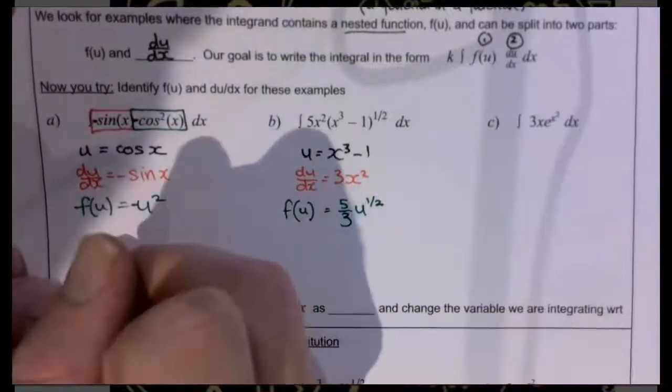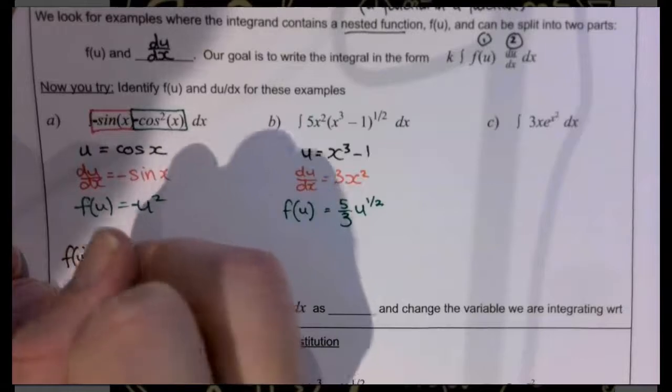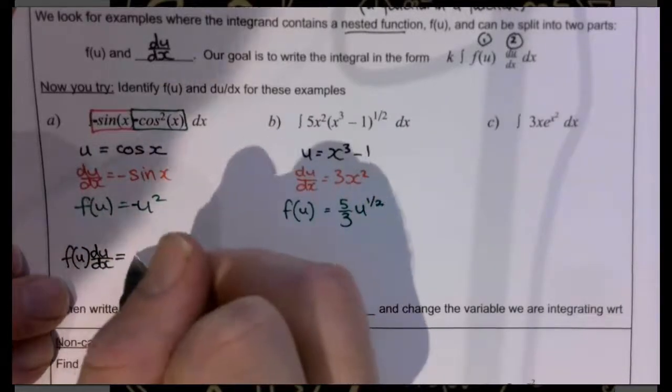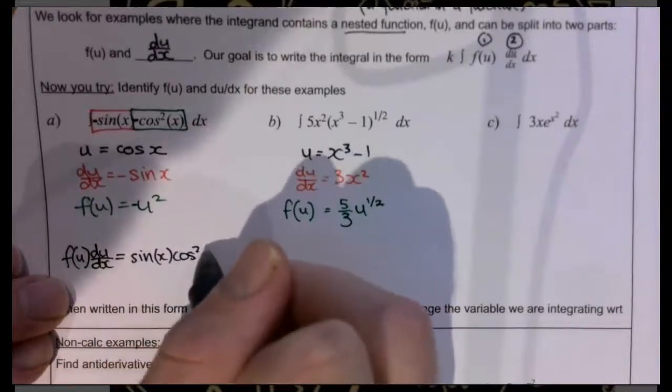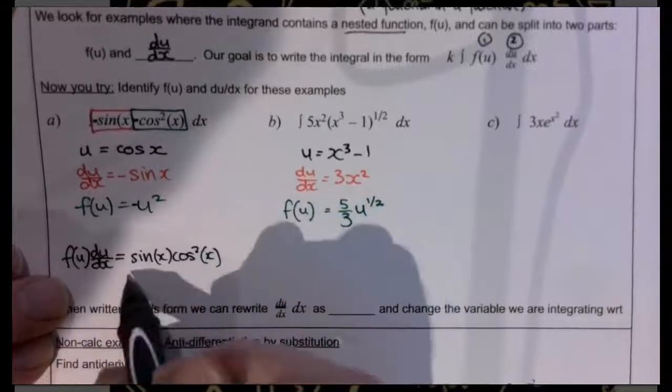So for both of these, just to recap what we're doing here, f of u times du by dx is sine x cos squared x. If I multiply these two things together, I get this.